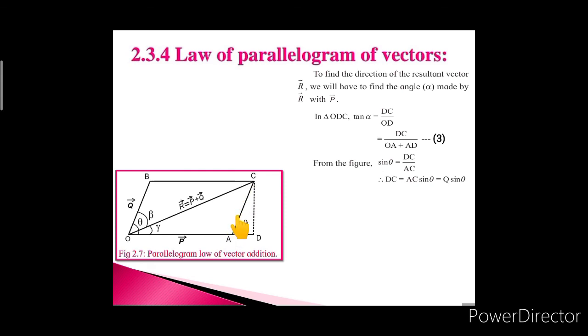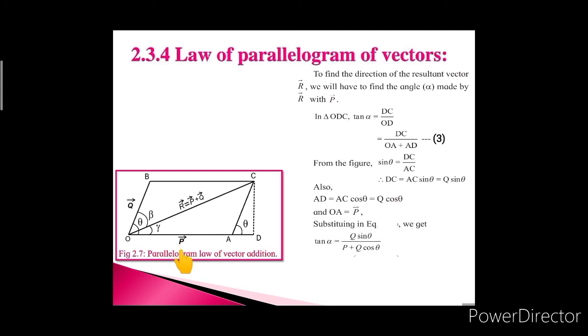The side AC represents the vector AC and hence it is given as the vector Q. So AC only gives the magnitude of the vector AC, hence we have to write down the magnitude of the vector Q. So we can write AC as the value Q and hence DC is given as Q sin theta. And also we know that AD is equal to Q cos theta. DC we are obtaining as Q sin theta. And OA is nothing but the magnitude of the vector P.